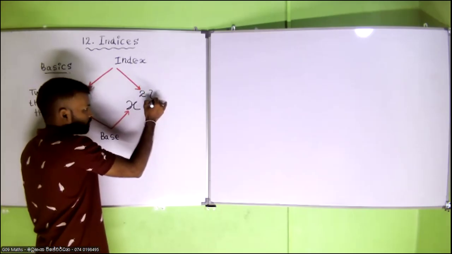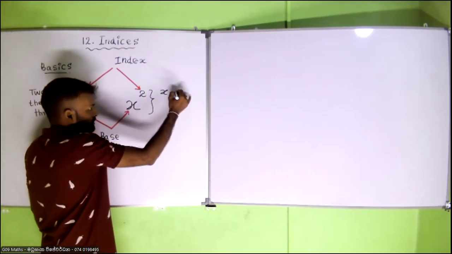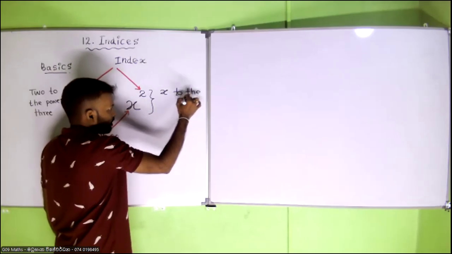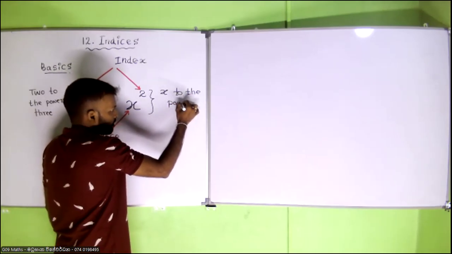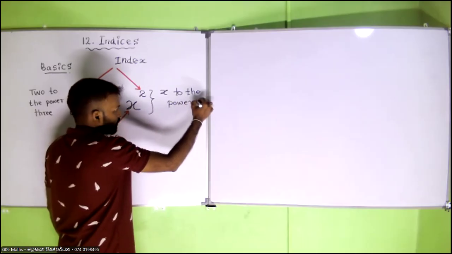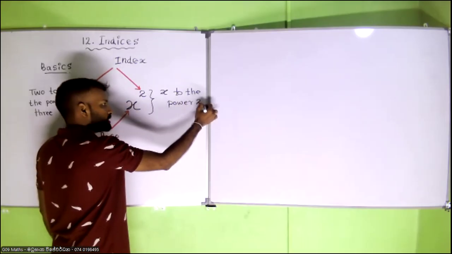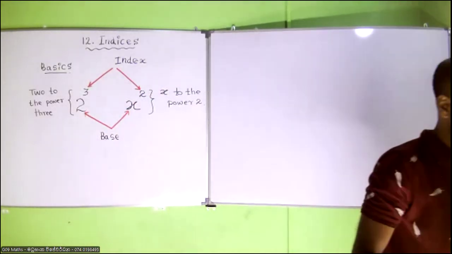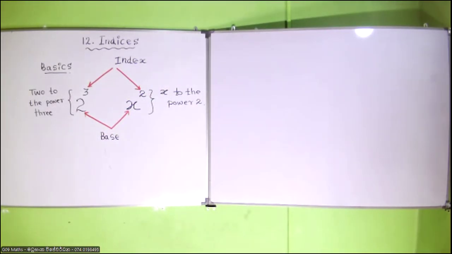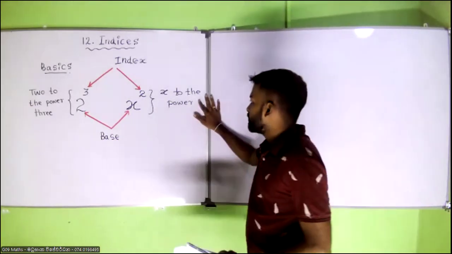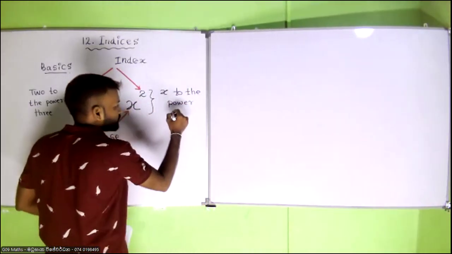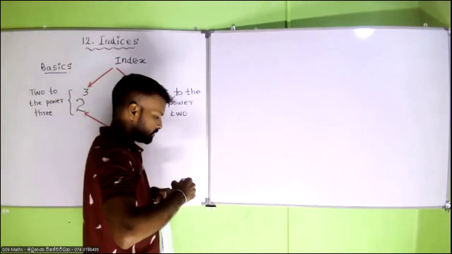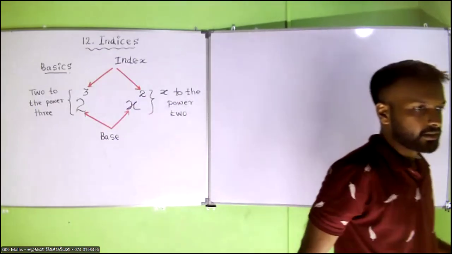And this one, x to the power 2. Please write it in words using letters. That's how you're going to read.